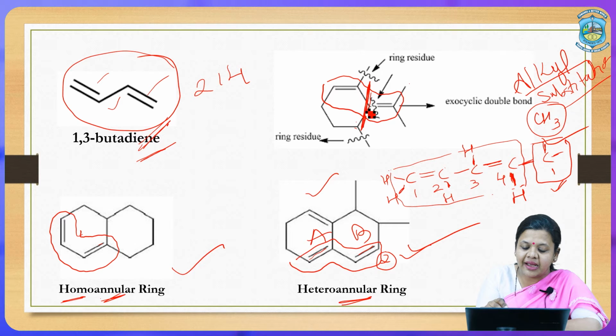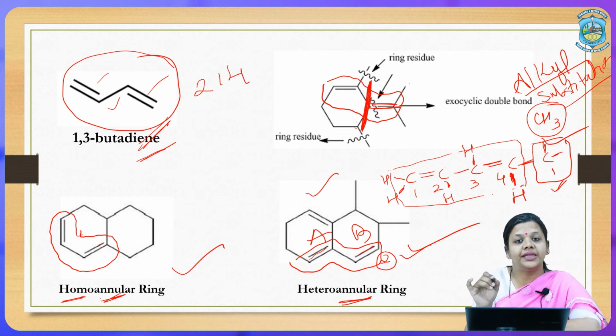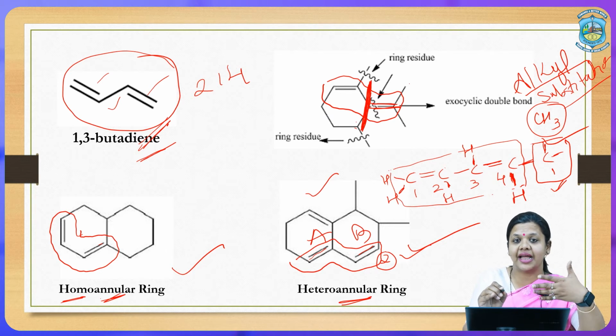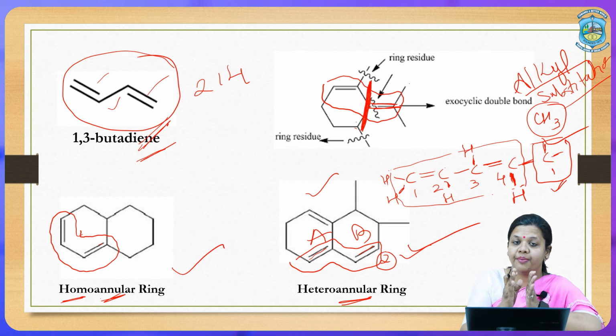This is the plane of the ring and the double bond is perpendicular to it. So, any place where the double bond is perpendicular to the ring, and just immediately outside, touching the boundary, the border of the ring, is an exocyclic double bond.